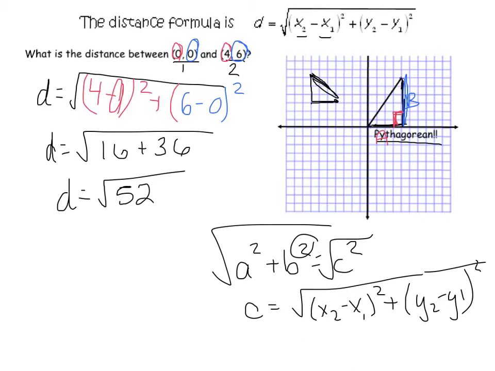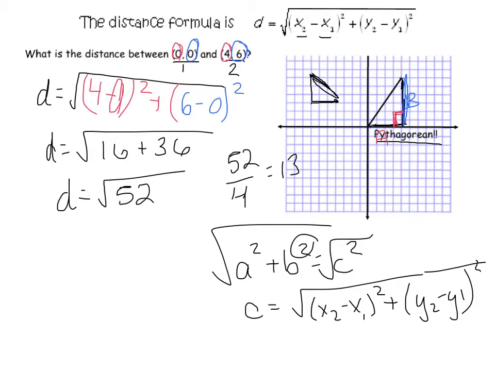You might have to use a calculator, whatever you need to do, but we need to figure out if that can be simplified, if you can take anything out. The first thing that I like to look for is whether it's divisible by a perfect square. If you plug it into a calculator, 52 divided by 4 is 13.